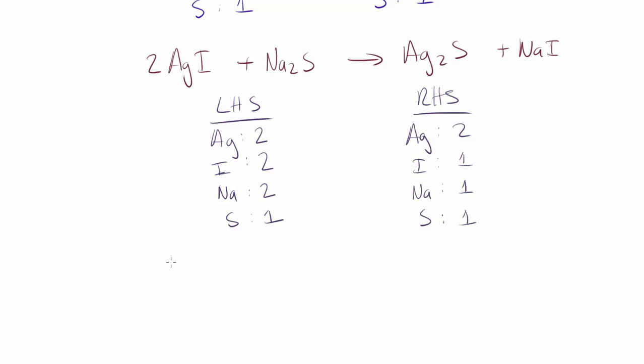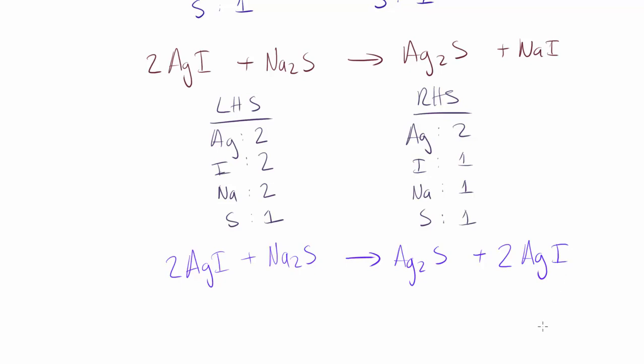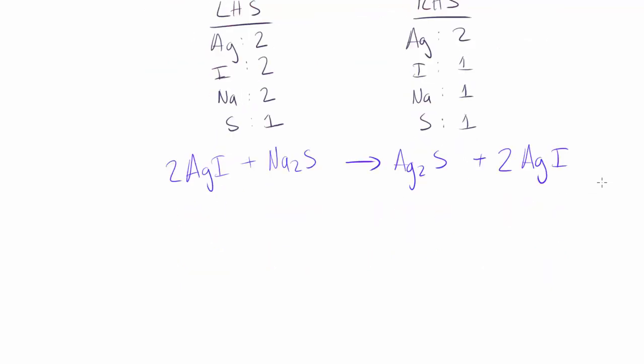So we're going to put 2 AgI as it was before, and then that produces Ag₂S. And so here is the new thing, right? So we're going to put a 2 in front of the NaI. Okay, so with this change, let's do another audit and see what actually is produced. Now, we didn't change anything on the left hand side, so the left hand side is going to be the same as it was before, right?